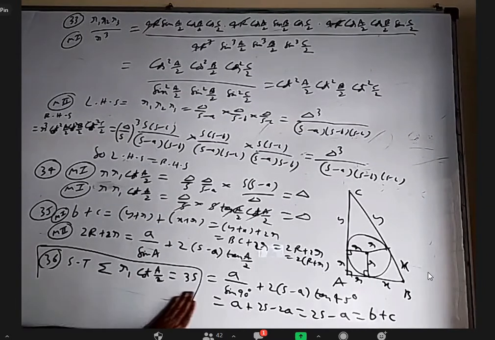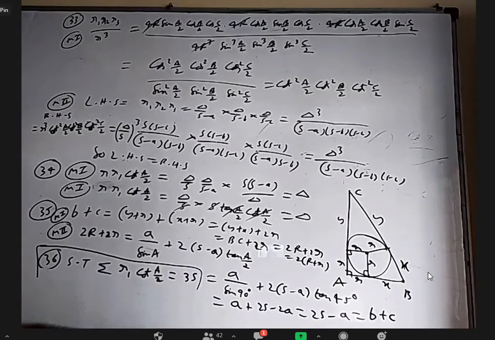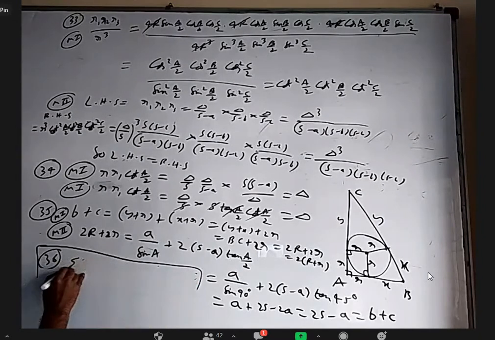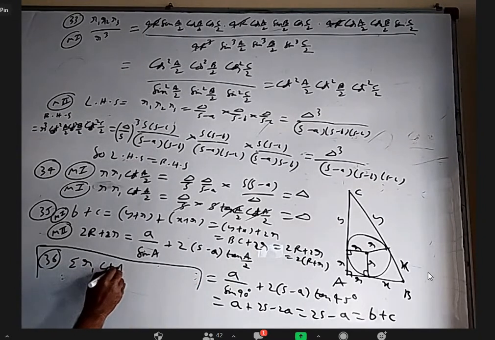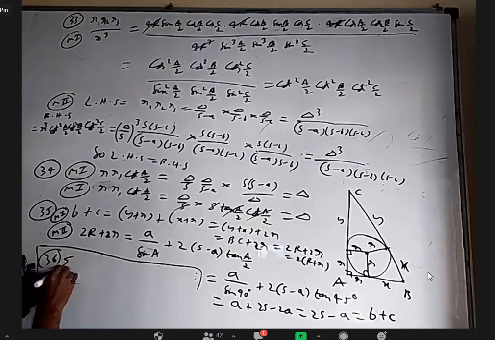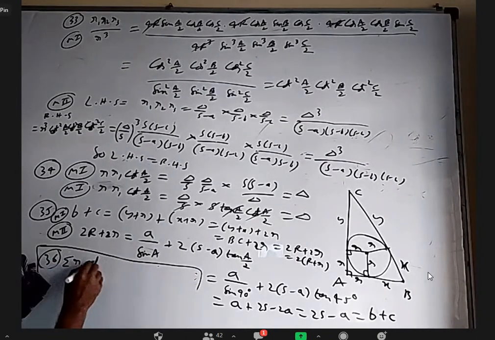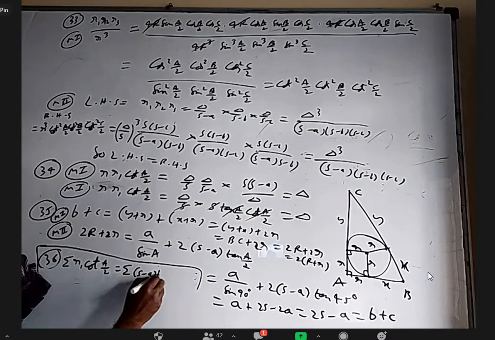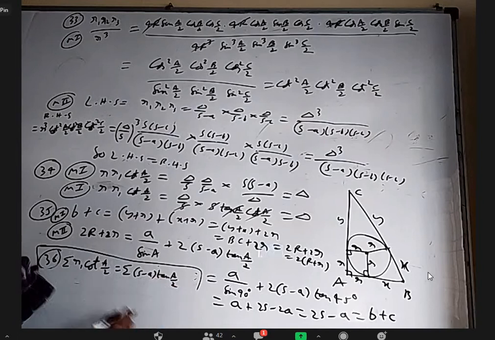Okay, I think 36 is so small, I can complete it here. Sigma R1 cot A by 2, that is the question. R1 is s minus a tan a by 2.